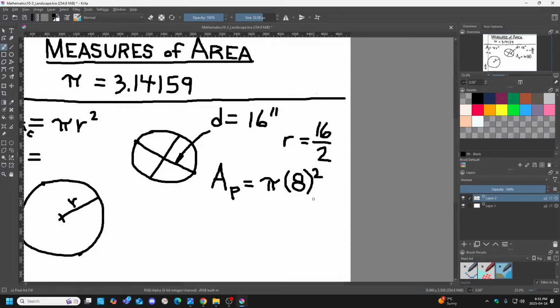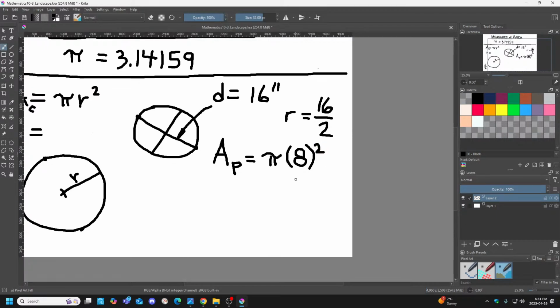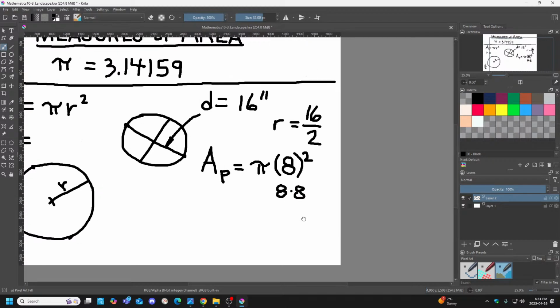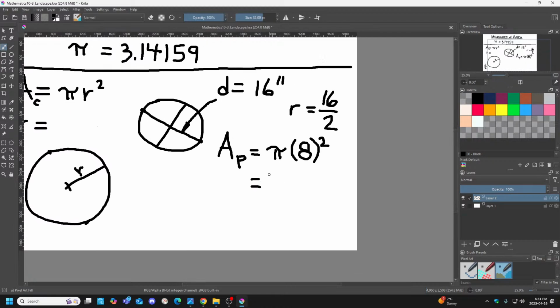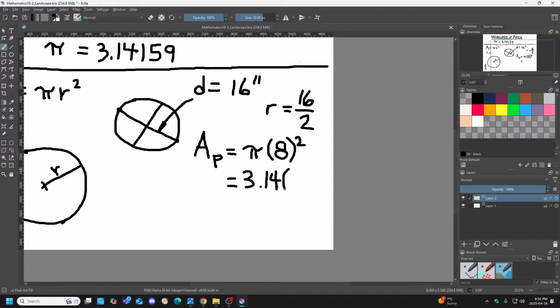Squared means same number times same number. It's just basically multiplying it by itself. And 8 times 8 is 64. So I could write down 3.14 just to roughly have it, and then I'm going to write 64.